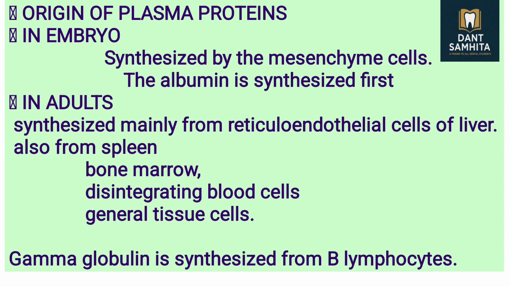The alpha 1, alpha 2 and the gamma globulins are mainly produced in the mesenchymal cells in case of the embryo. Albumin and globulin in the adults are given by the reticuloendothelial cells of the liver, along with spleen, bone marrow, disintegrating blood cells and general tissue cells.